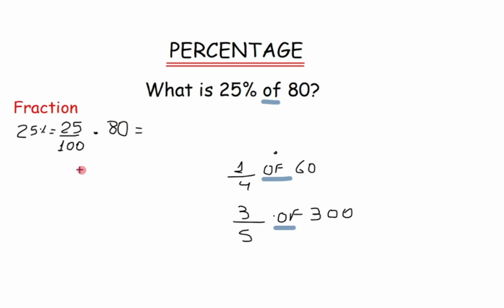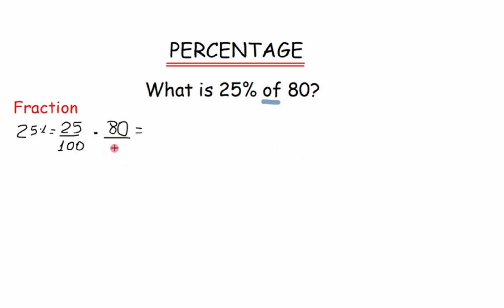Alright, what are we going to do now? We're simply going to solve this multiplication. We have to remember that if there is nothing in the denominator, then we always have a 1. So how do we multiply fractions? It's actually very easy. You multiply the numerator with the numerator and the denominator with the denominator. That means you're going to end up with 25 multiplied by 80 over 100. We solve 25 times 80.